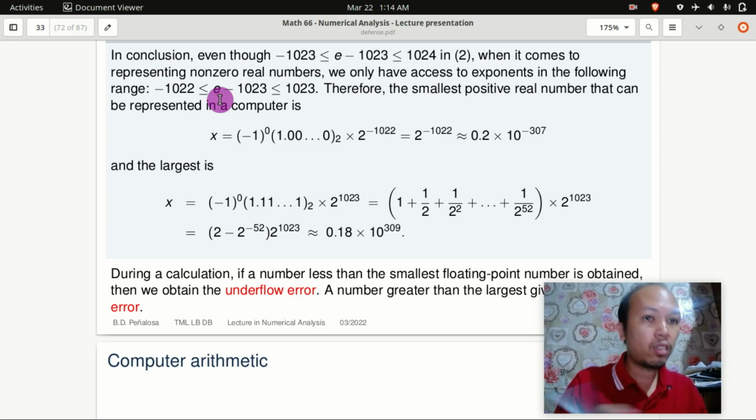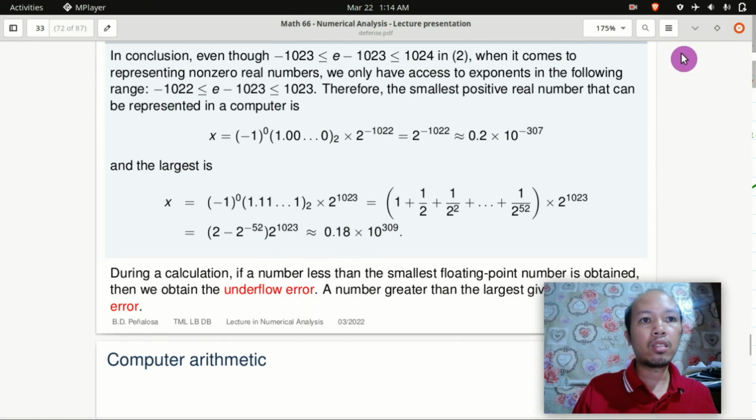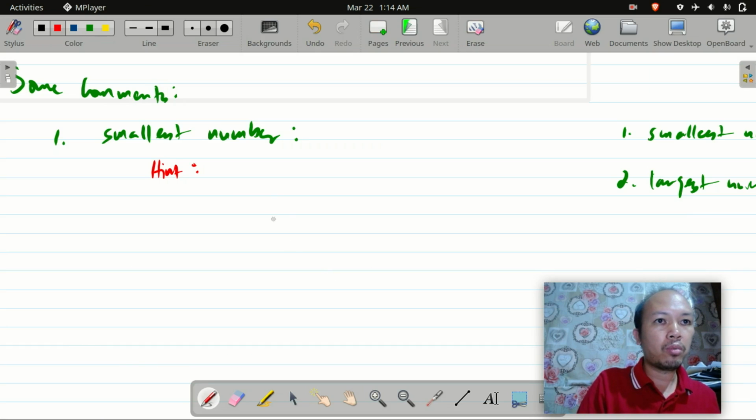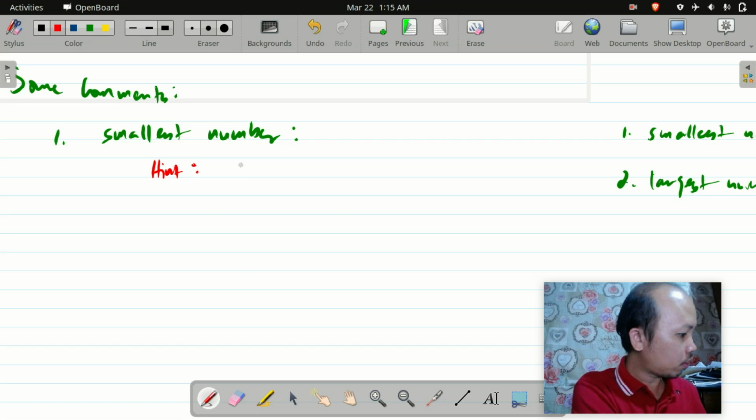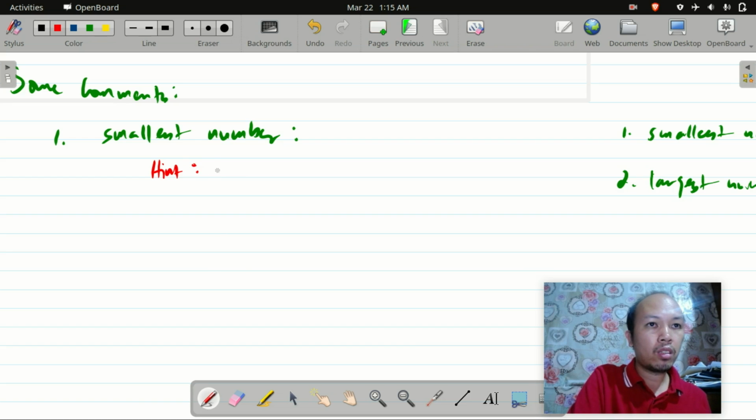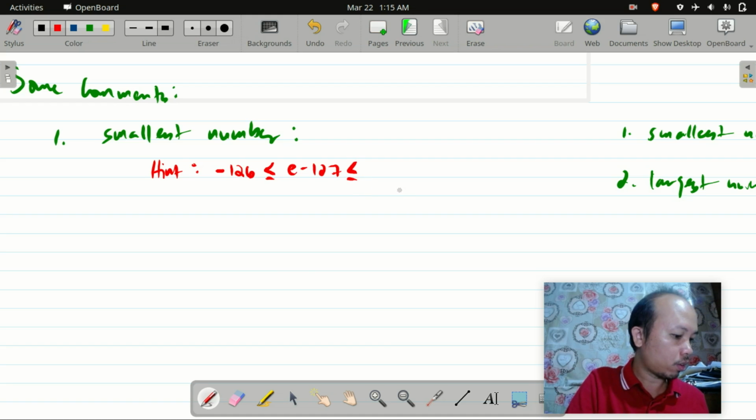The hint is we have this inequality: negative 126 less than or equal to E minus 127, less than or equal to 127.